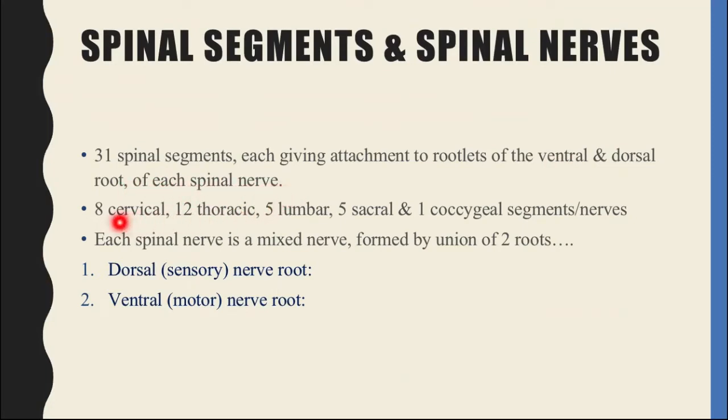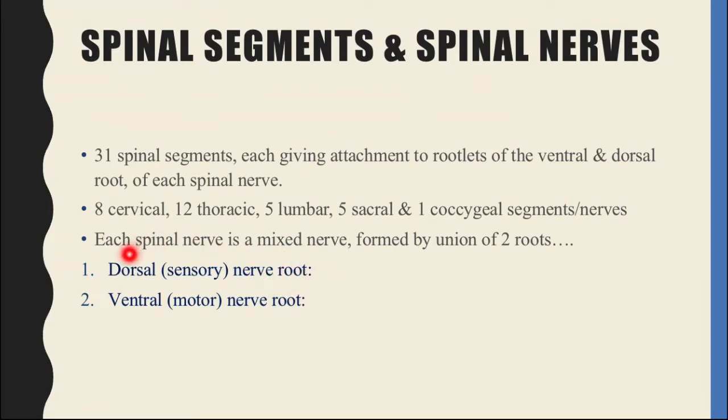So, there are 8 cervical, 12 thoracic, 5 lumbar, 5 sacral and 1 coccygeal segment or nerve, we can say. And remember this, each spinal nerve is a mixed nerve and it is formed by the union of 2 roots, dorsal root and ventral root. Dorsal root is always sensory and ventral root is always motor, and they unite to form a single spinal nerve.